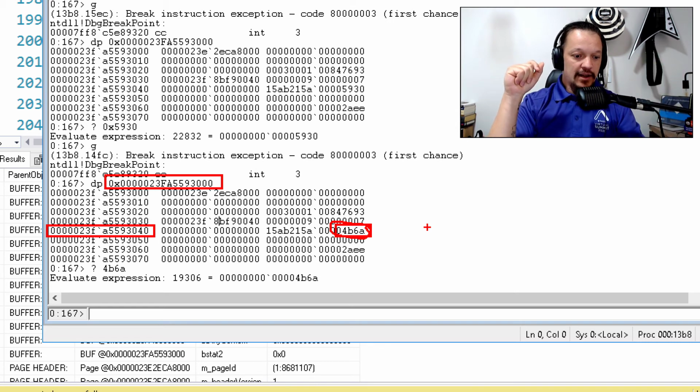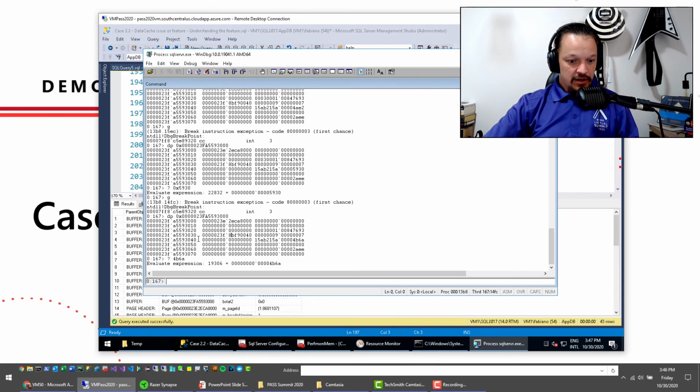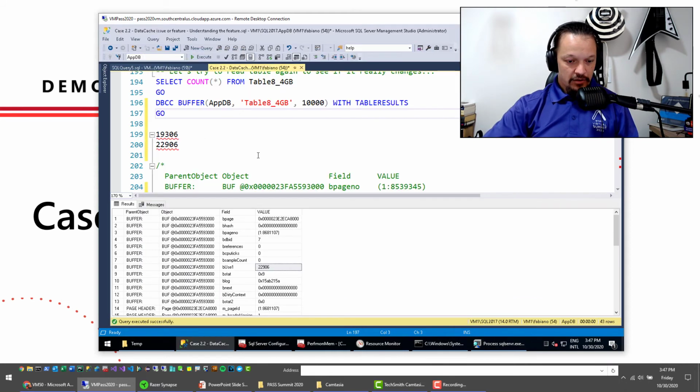What I did was add a breakpoint on that specific memory address. So every time anything tries to read or write that specific memory address, I want to break into the Windows debugger. Then I would be able to see exactly which stack was calling the access to that memory address. To do this, I would have to grab this and paste it here and add a BA. And then I think I have the command here.